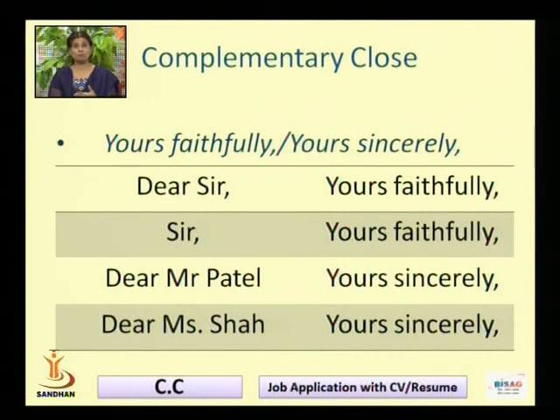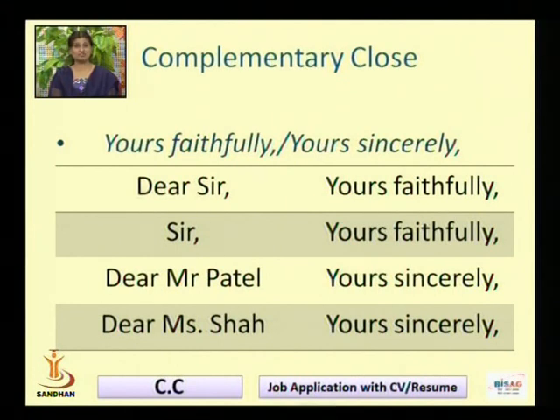If you are opening the letter with dear sir or sir, your complementary clause should be yours faithfully. If you are opening the letter with a name, for example, dear Mr. Mehta, dear Miss Joshi, then your complementary clause should be yours sincerely.